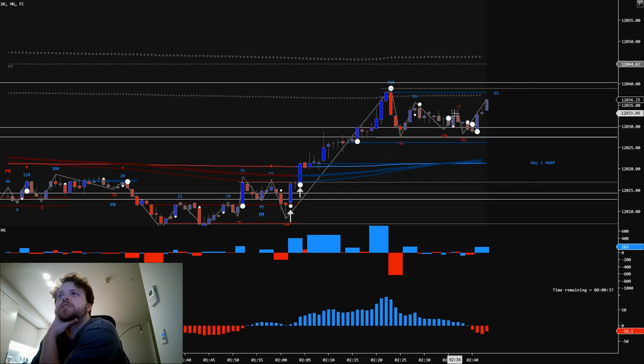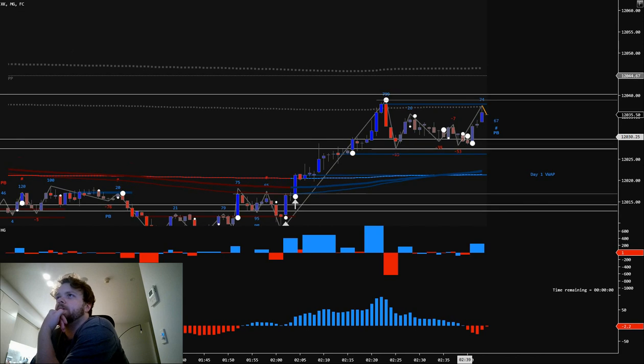If I took that trade, it's not wrong, but it wasn't an A1 for me, so I'm not going to take anything below an A1 setup. So got to be disciplined.